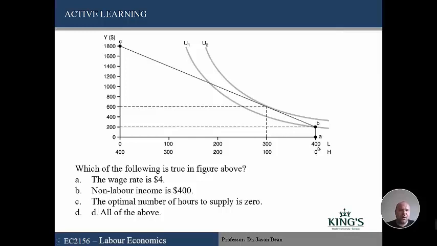So if the person decided to work all of their discretionary time, they would work 400 hours. So we'd multiply that by 4, and we would get 1,600. And then we would add to that the $200 in non-labor income, and we would get this point C. We would get that it equals 1,800, and it indeed does equal 1,800. So we know A is true. The wage is $4.